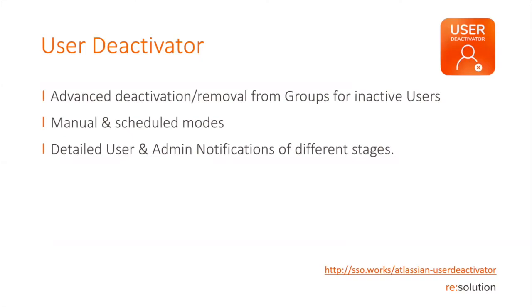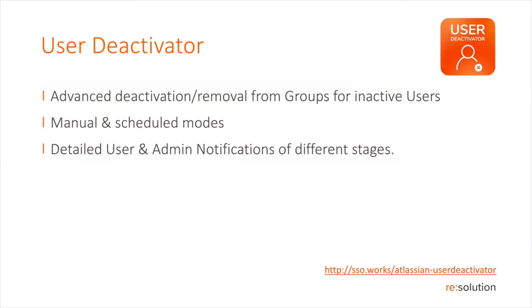You have the choice. You have a manual mode where you get a nice, call it sexy, user browser where you can apply lots of filters to identify the groups of users that you want to select, and then with a click of a button, deactivate them or remove them from groups. But it also has, if you say, I don't want to worry about this, a scheduled automatic mode, which runs once a night.